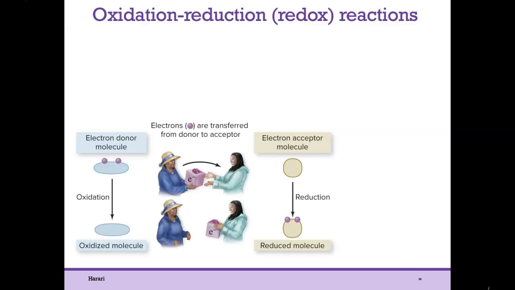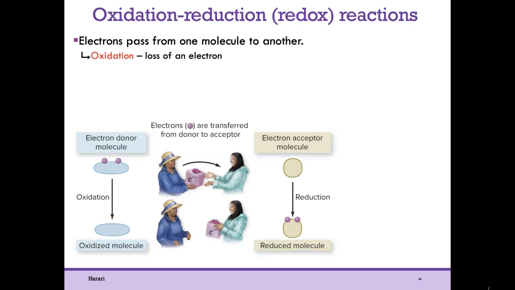So now we can talk about oxidation and reduction. Electrons can carry energy, and electrons pass from one molecule to another, thus transferring energy. So oxidation means the loss of electrons, right? Or loss of energy from a molecule.